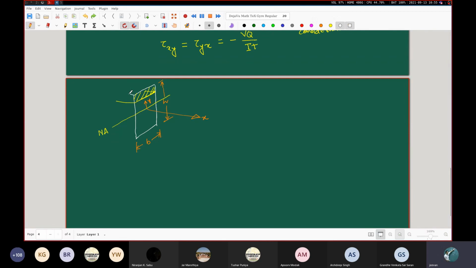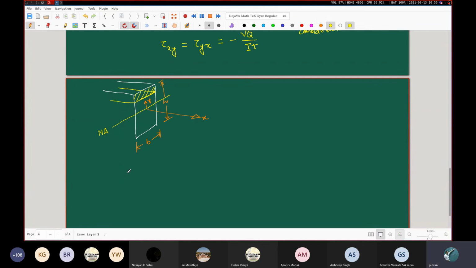This is not the actual top surface of the beam, that horizontal plane. Rather, we are talking about this one. On that one, you'll find some tau yx.